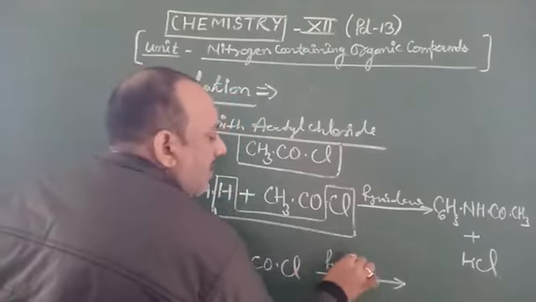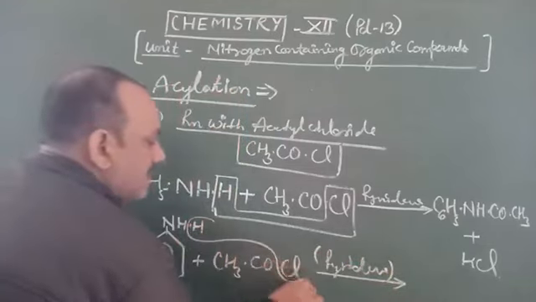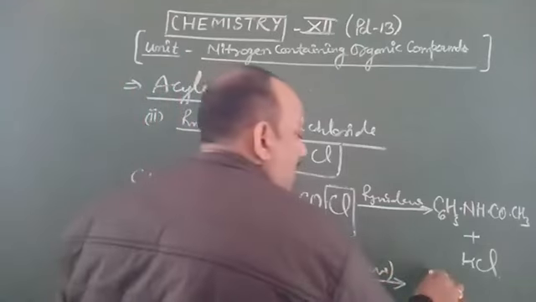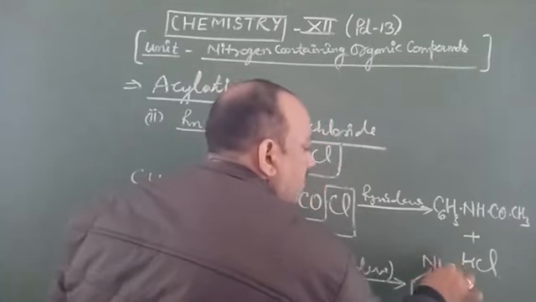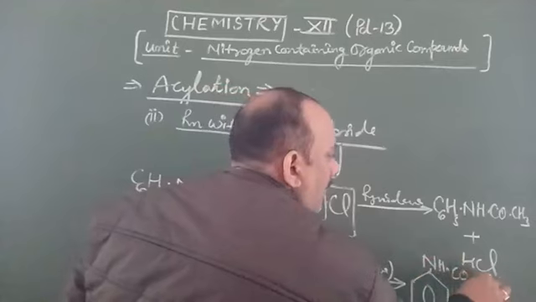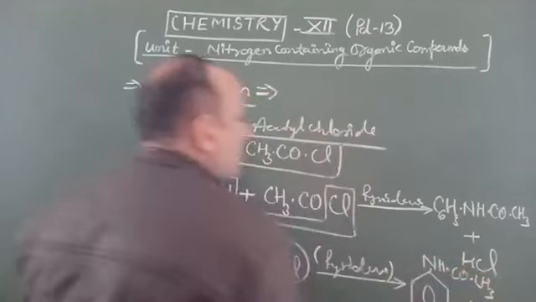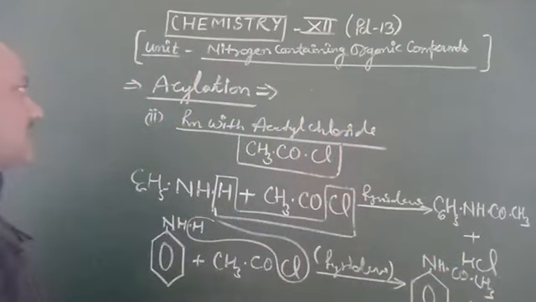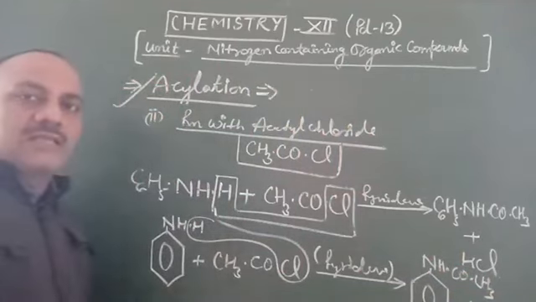In the presence of pyridine, it subtracts HCl to form acetanilide, NHCOCH3, and HCl. So both these reactions are categorized under the mechanism of acylation.